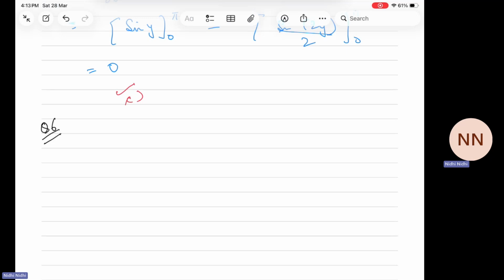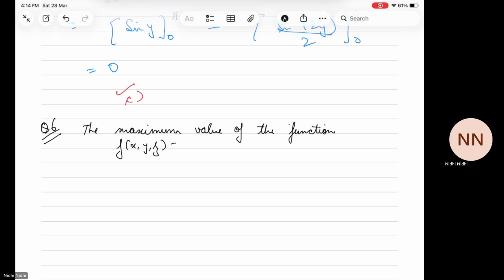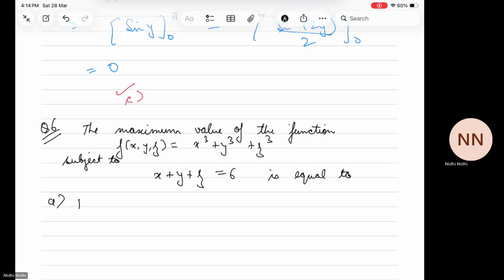The maximum value of the function f(x,y,z) equal to x cube plus y cube plus z cube, subject to the constraint that x plus y plus z equals 6, is equal to... I think there is some typing mistake in this question.